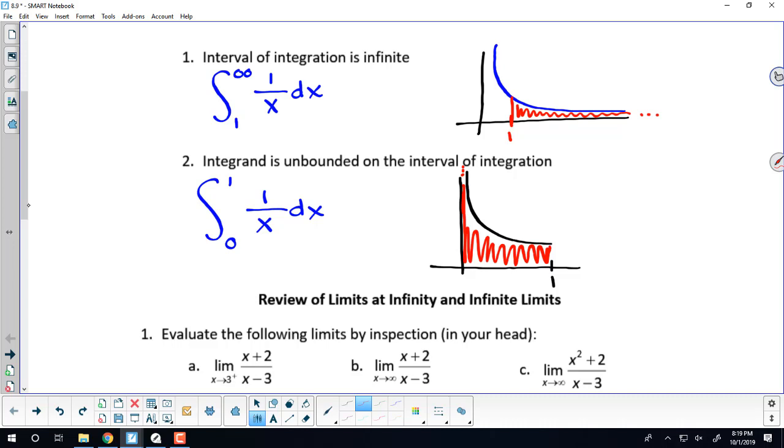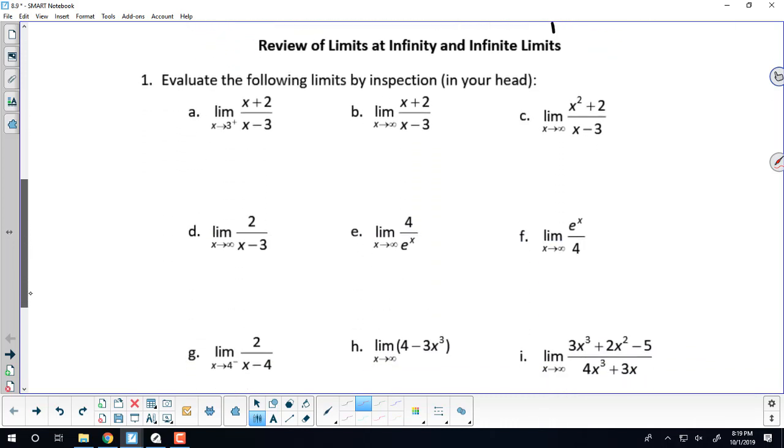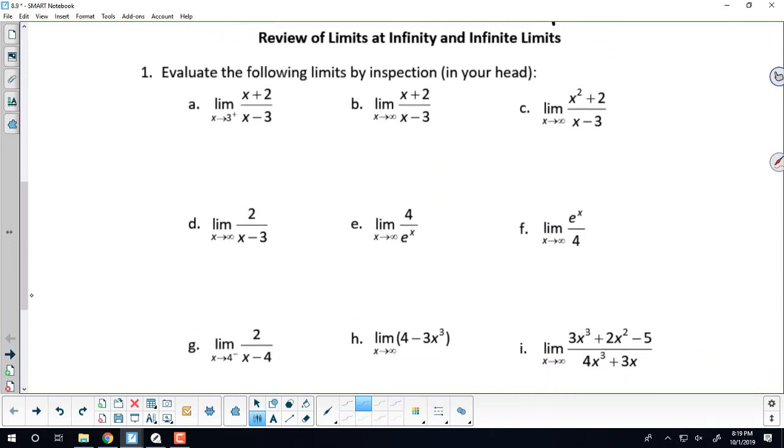For the integral from 1 to infinity, we have to look at the limit as some value approaches infinity on the antiderivative. So either way we go, limits are involved. So we need to do a review of limits at infinity and infinite limits. Really, these things you should be able to calculate almost instantly.